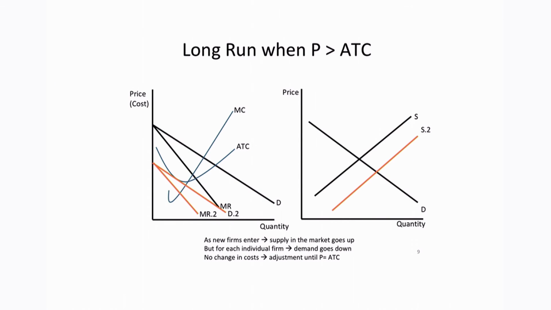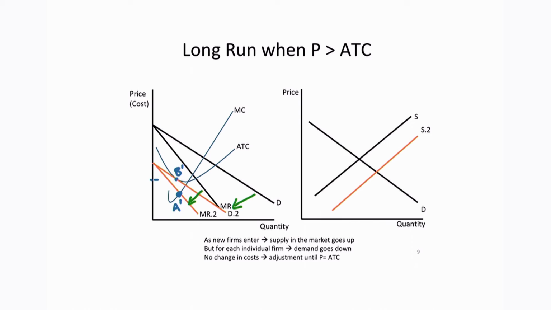So with this downward pressure on the price, what we observe is that both the demand curve shifts in and the marginal revenue curve shifts in, so that we produce at a point where marginal revenue is equal to marginal cost. We'll call this point A prime. And we set the price according to the demand.